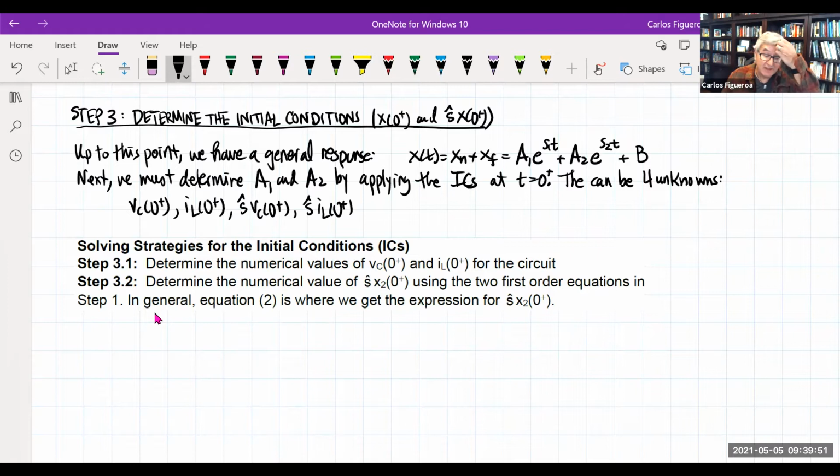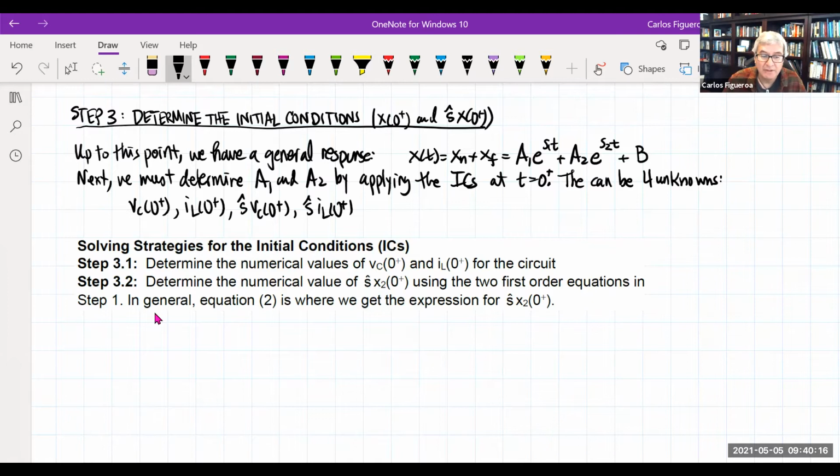So here's where it's really nice if you've defined step 2. You defined variable 1 and variable 2. And what you're going to see here is that I'm going to try not to get you to think in terms of variable 1 and variable 2, that what you're doing here is solving 2 equations and 2 unknowns.